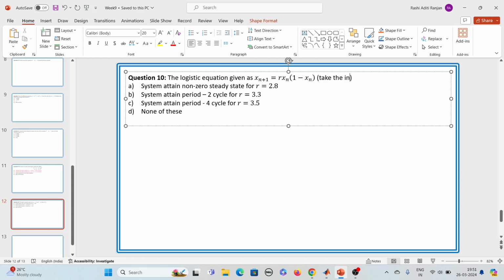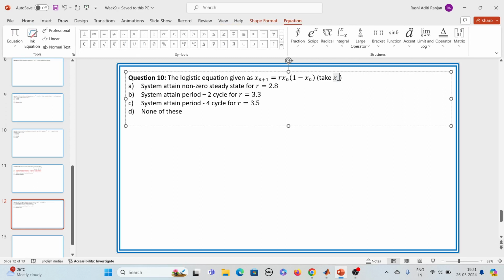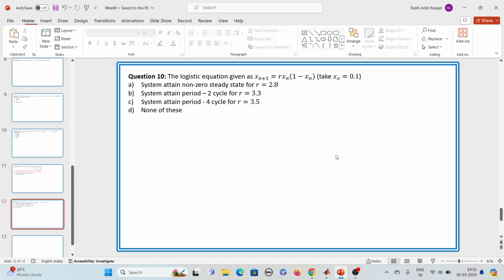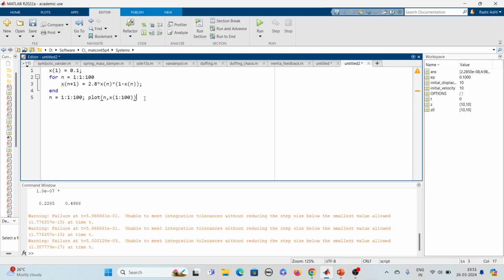We are taking the initial state as 0.1. So if I now compute it, let us see what is going to happen.